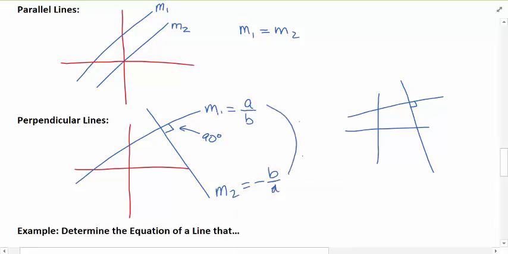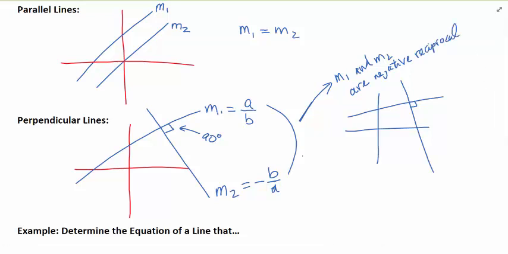So what we can say about M1 and M2 is that one's positive, one's negative, and reciprocal, the flipping. The slopes are going to be negative reciprocal of each other. Is that okay?